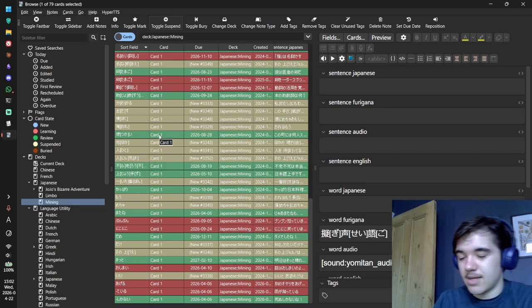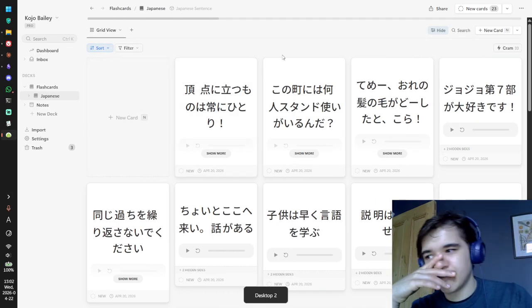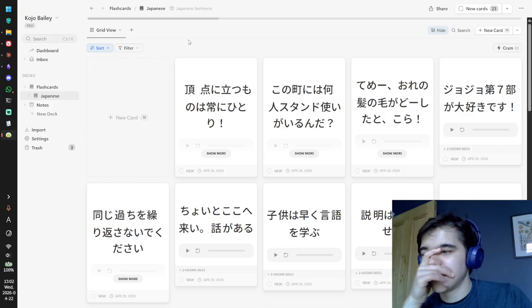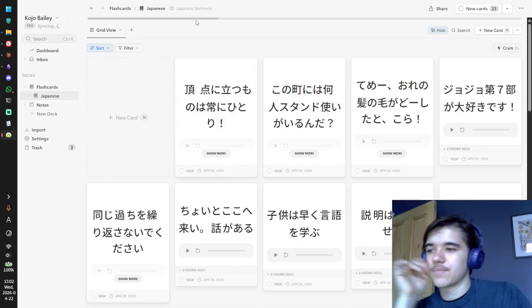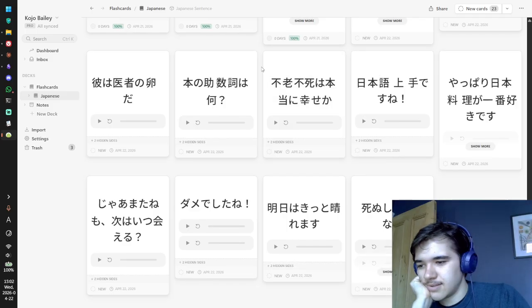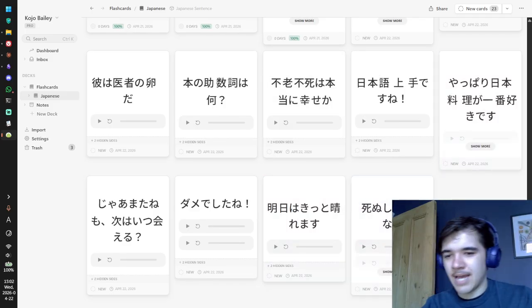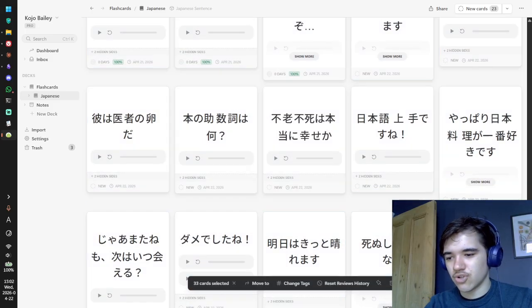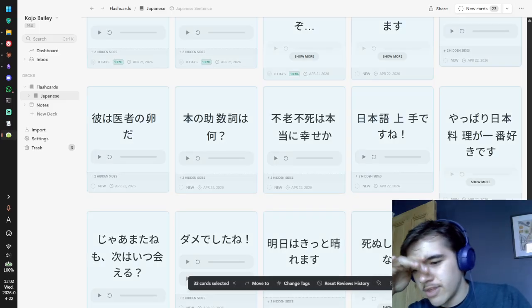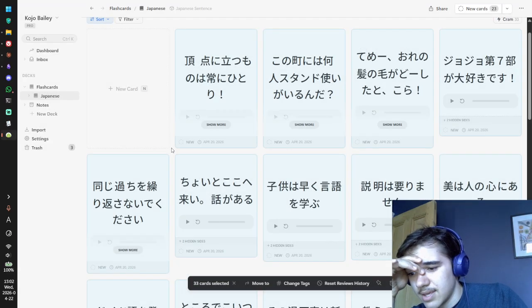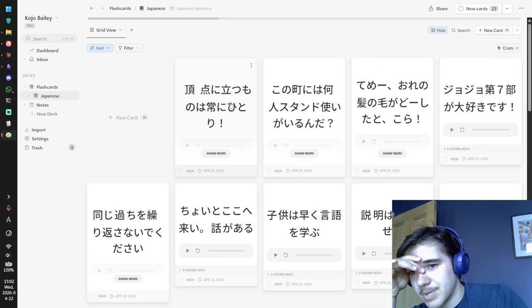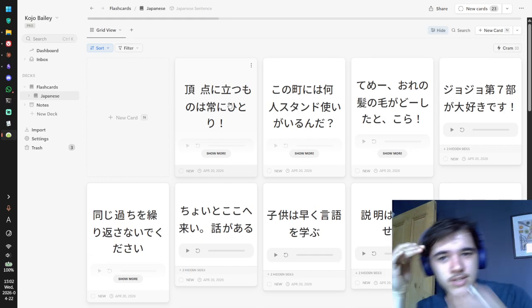So yeah, I think I'm done with my Anki porting from Japanese. So in total, I should have 33, right? For some reason, you can get a deck count. Control A tells me I have 33 cards selected. That's cool. There are tags. So yeah, I have 33 of these, which means for the next 2 days I'll have new cards.